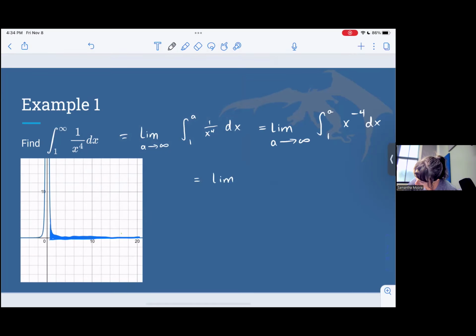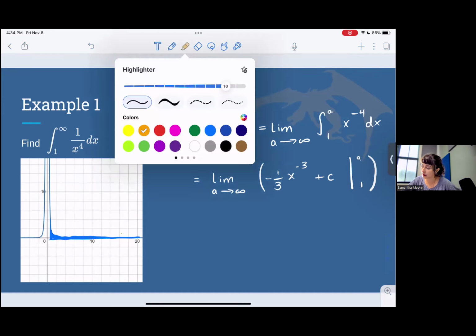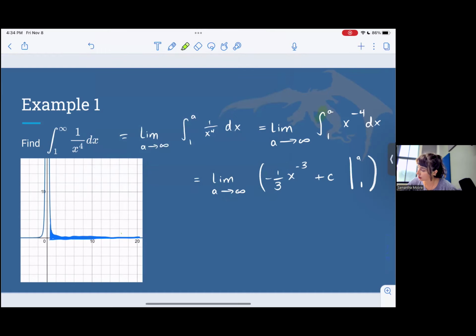When I calculate that integral, the antiderivative should be x to the minus 3. I need to raise the power. And then if I multiply it by negative 1/3, that'll make my constants right in the end, plus c, evaluated at a and 1. All I've done in that last step is take my integral, anti-derive it and plug in my endpoints.